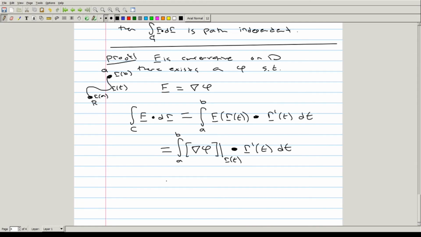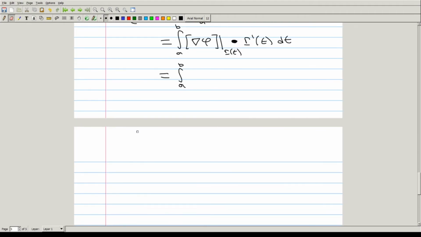And this is the same thing as the integral from A to B of the gradient of phi dotted with r prime of t, where the gradient of phi here is being measured at the point r of t. So I don't need to rewrite this. We can just keep this here. That's what this is saying right here. But what you should do now is think of how we can simplify this, what the best way of rewriting this is going to be.